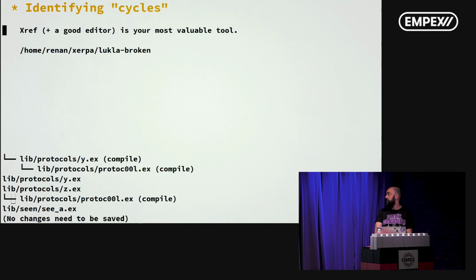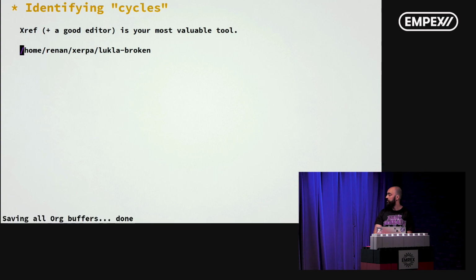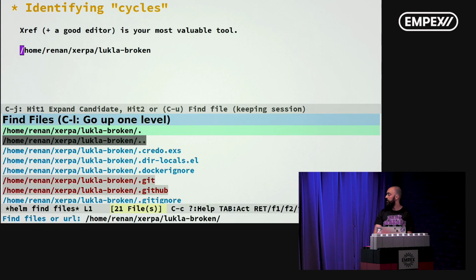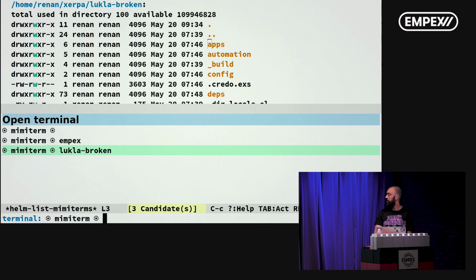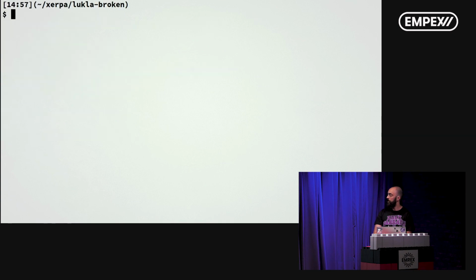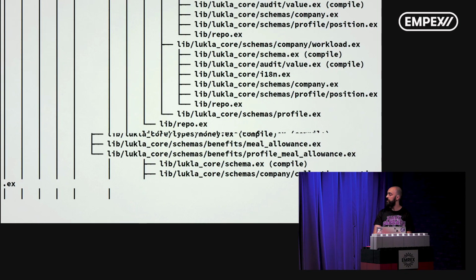And how do we identify cycles? Well, remember that 240 recompilation we saw? We're going to solve that. So, sorry, let me close that. I'm going to run the xref graph.